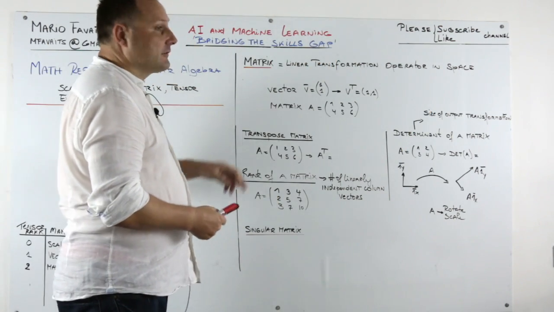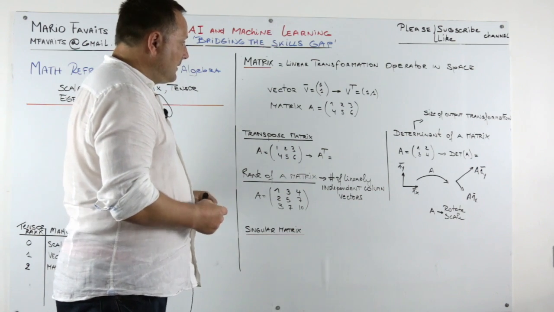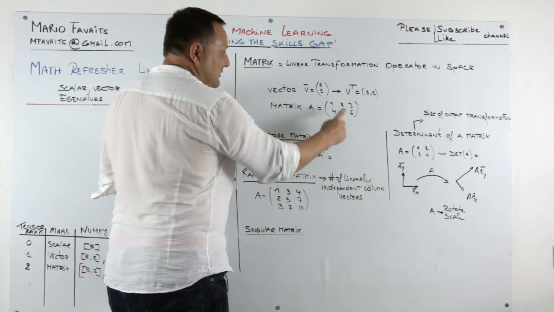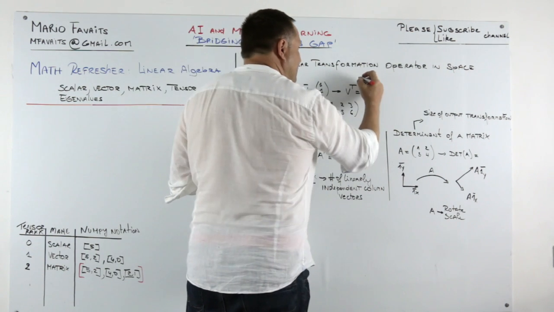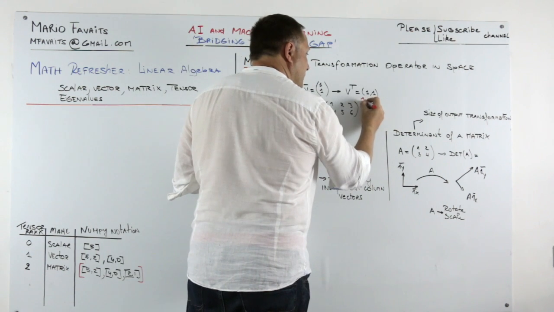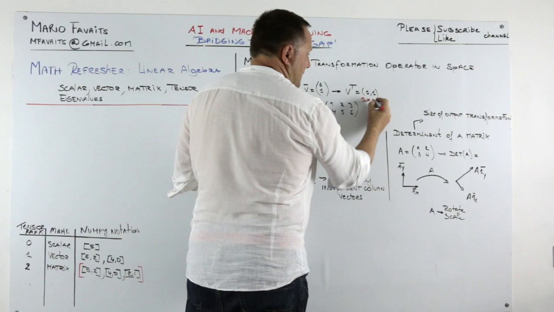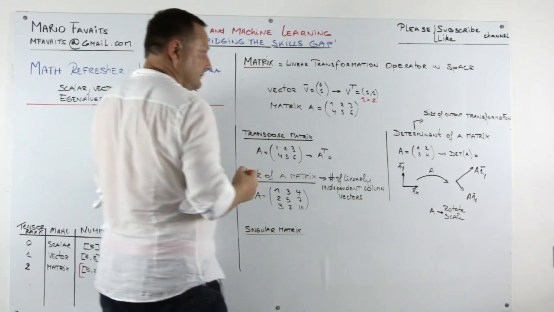So let's take a vector and a matrix. The vector is 1, 1. This is the matrix. Let's take the transpose of the vector. So this is one row times 2 columns. Okay?